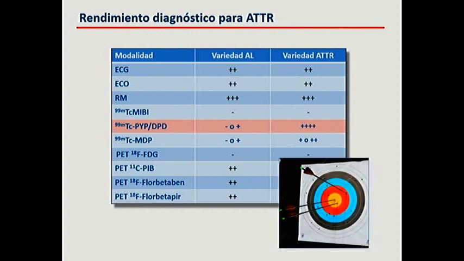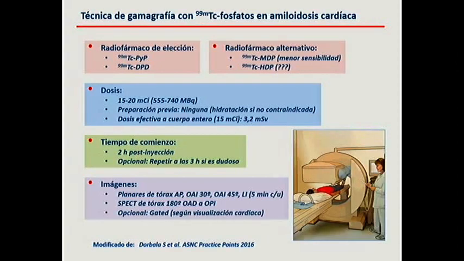Out of the list of possibilities, the best chance we have in nuclear medicine for evaluating amyloidosis would be with phosphates, especially pyrophosphates and DPD. Forget MDP, it's not useful. And this is much more useful in applications than PET radiopharmaceuticals.